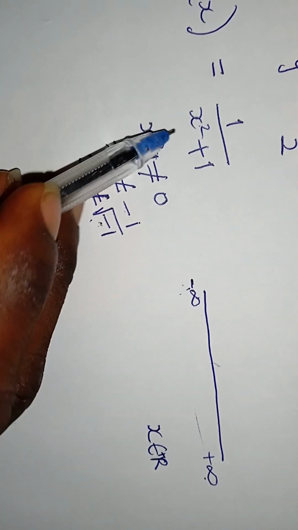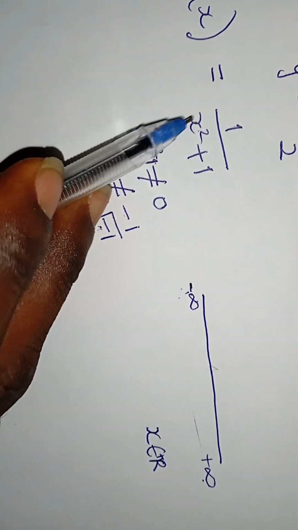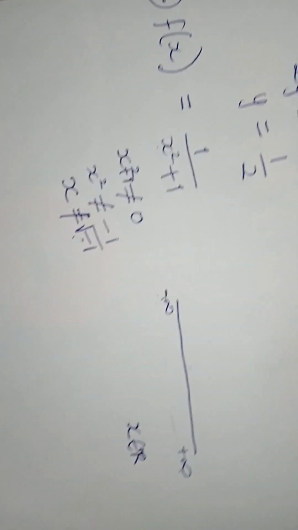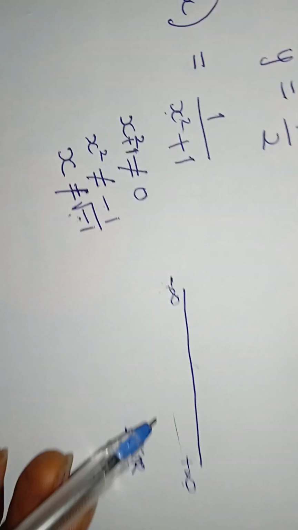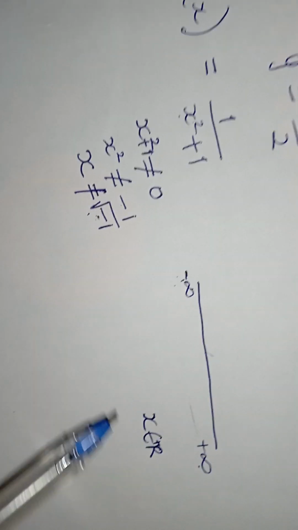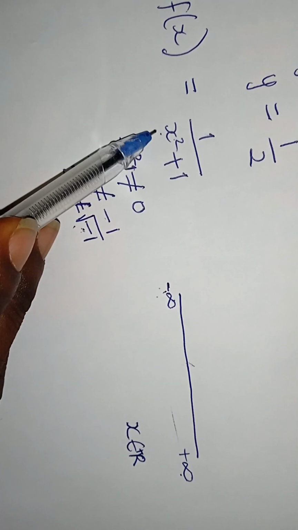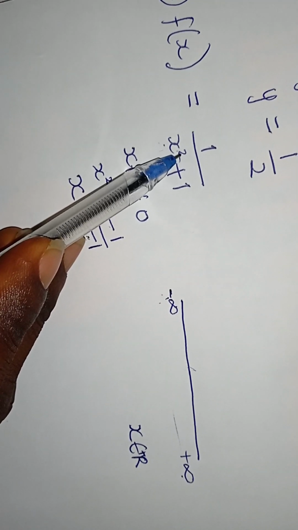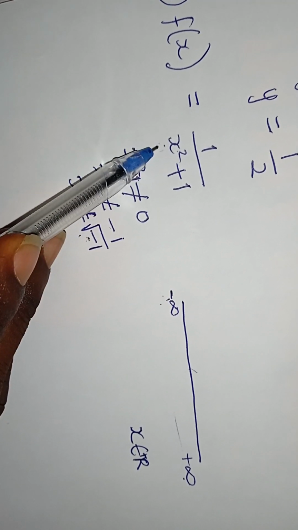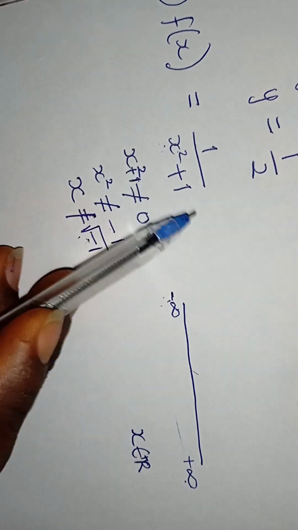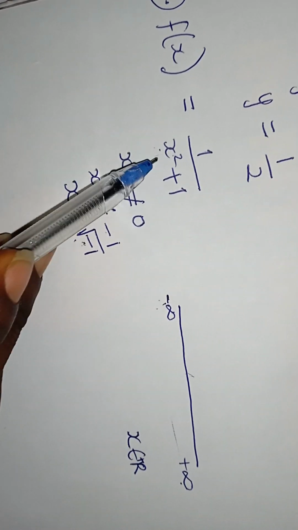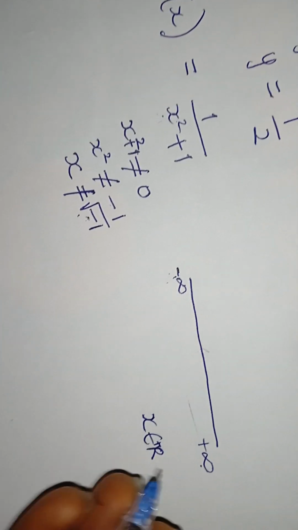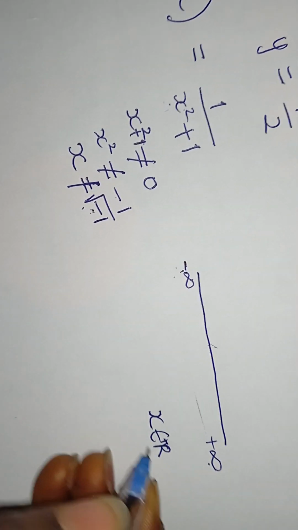Because if I have this now to be plus 1 and this will give me this. Let's check. If I put minus 1 here, minus 1 squared is going to give me 1. Minus 3 squared is going to give me 3. And 3 plus 1 is still going to give me a positive number. So for that reason, x is an element of real numbers.